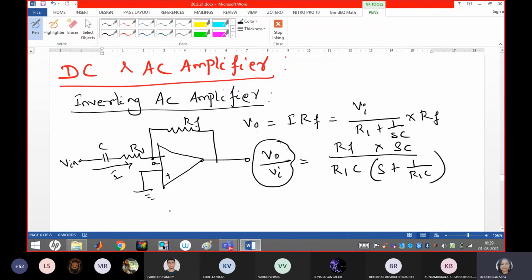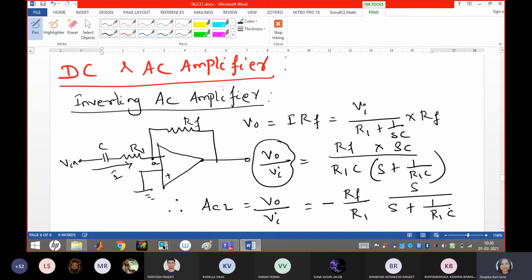So the closed loop gain equation is now ACL, which is equal to V0 by Vi, and which can be represented as, guys, you tell me, it is RF by R1 term, minus of RF by R1, S divided by S plus 1 by R1C.